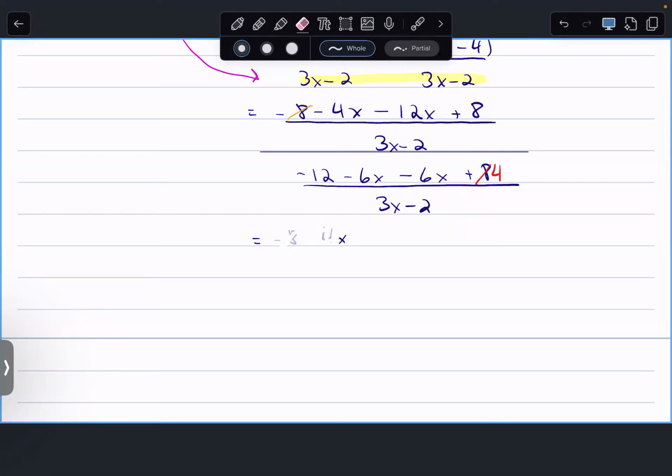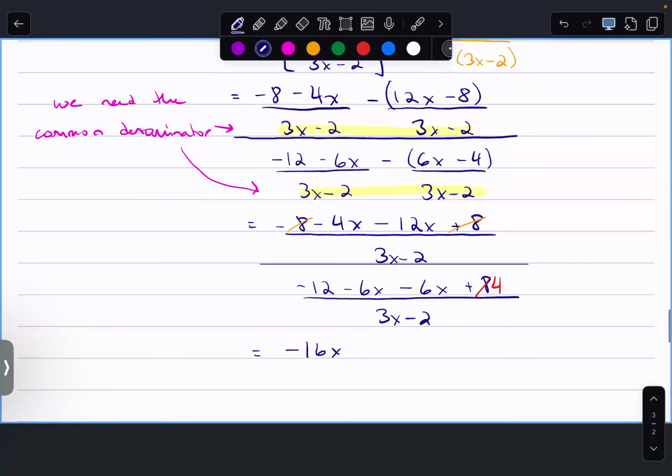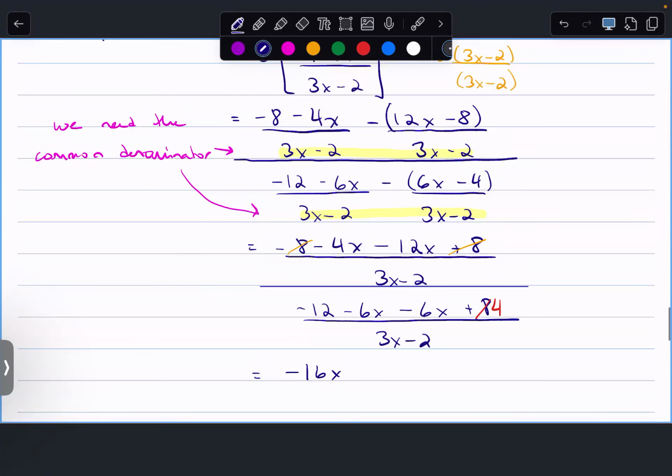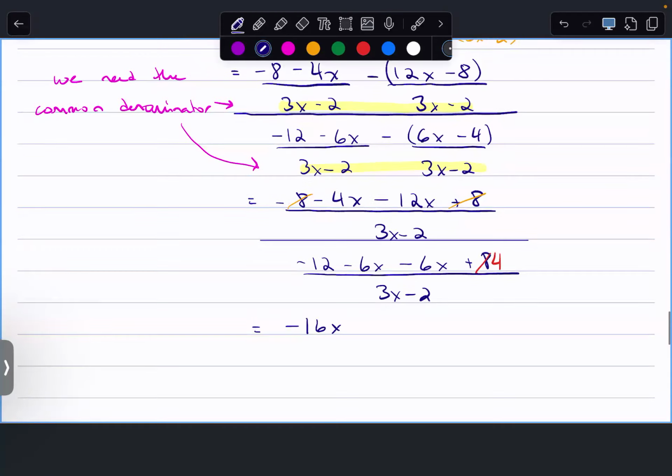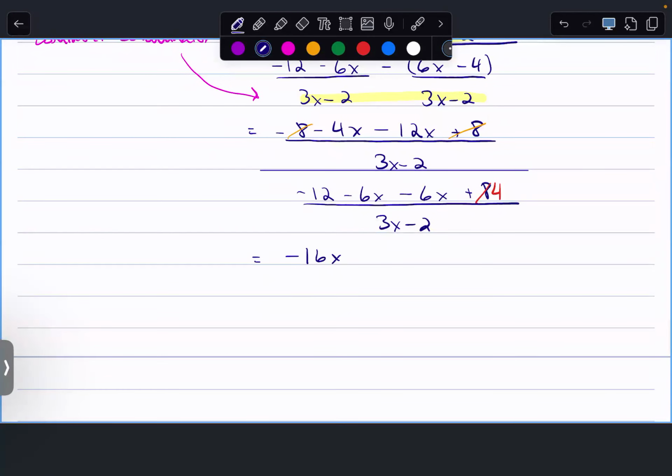Otherwise, we'll have to write all night. -8 plus 8, and also -4x minus 12x is going to be -16x. I don't like that. Okay. We'll see.